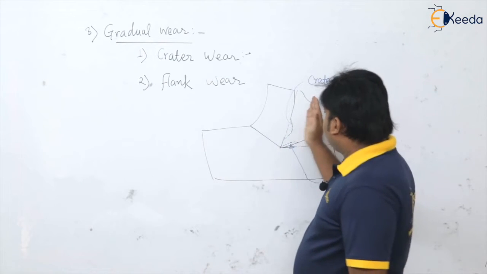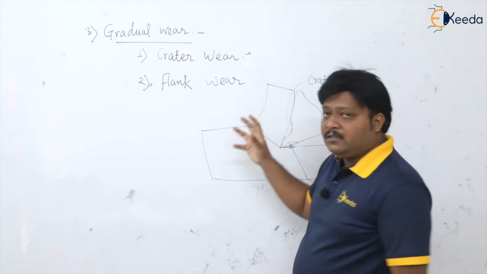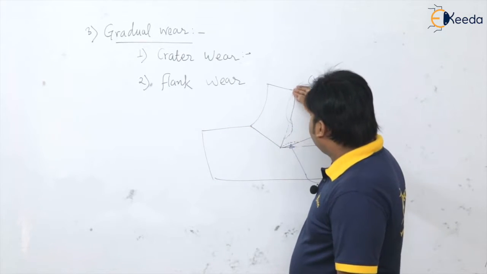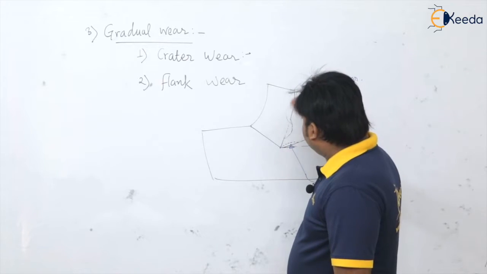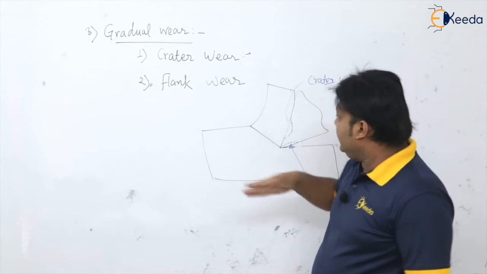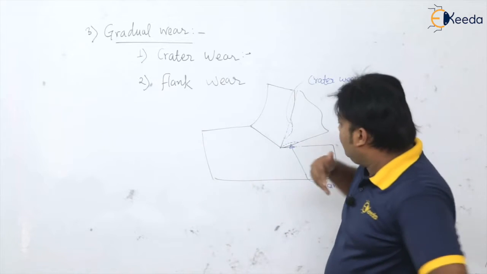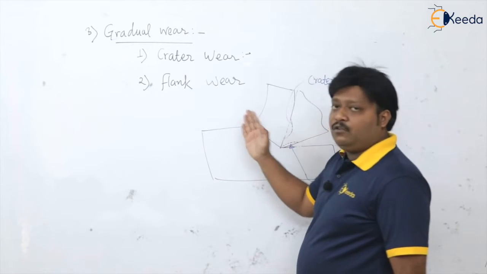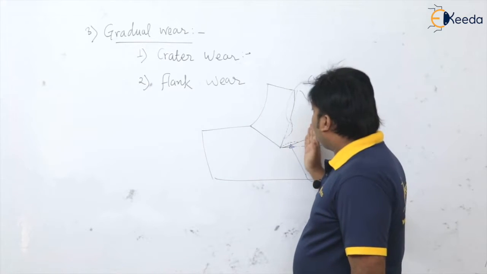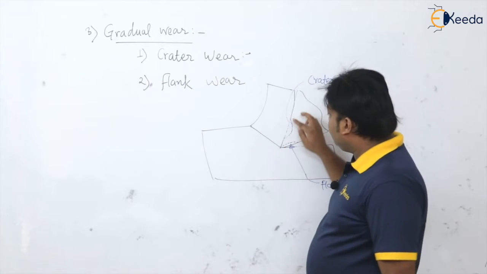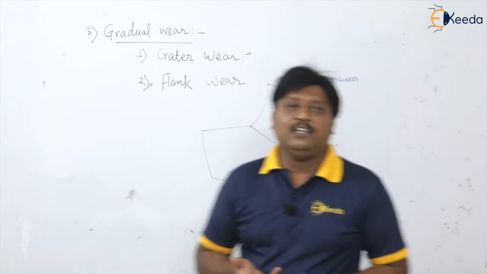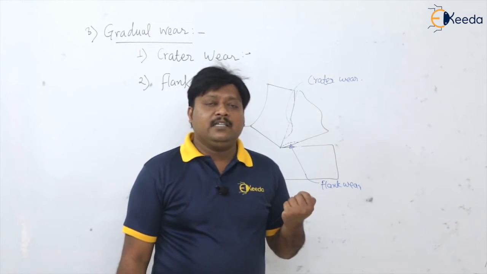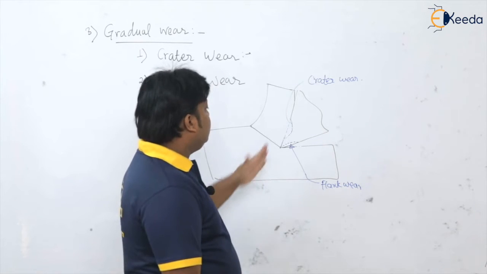When they come out, they make a kind of edge or layer onto the rake face of the tool, which will wear. When the tool material diffuses onto the workpiece and creates the layer, there is a loss of tool material, isn't it? So diffusion is one of the very important phenomena for this crater wear.